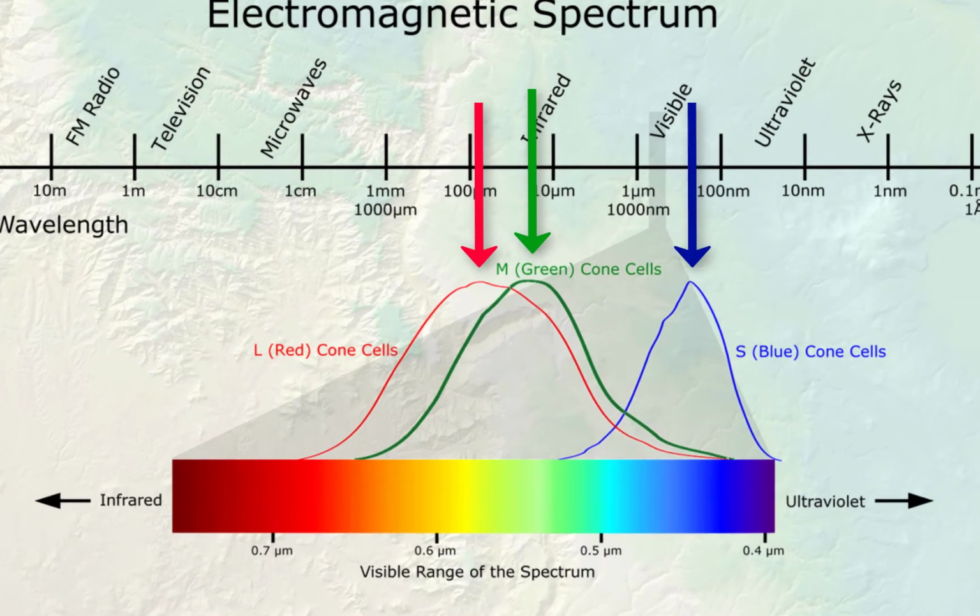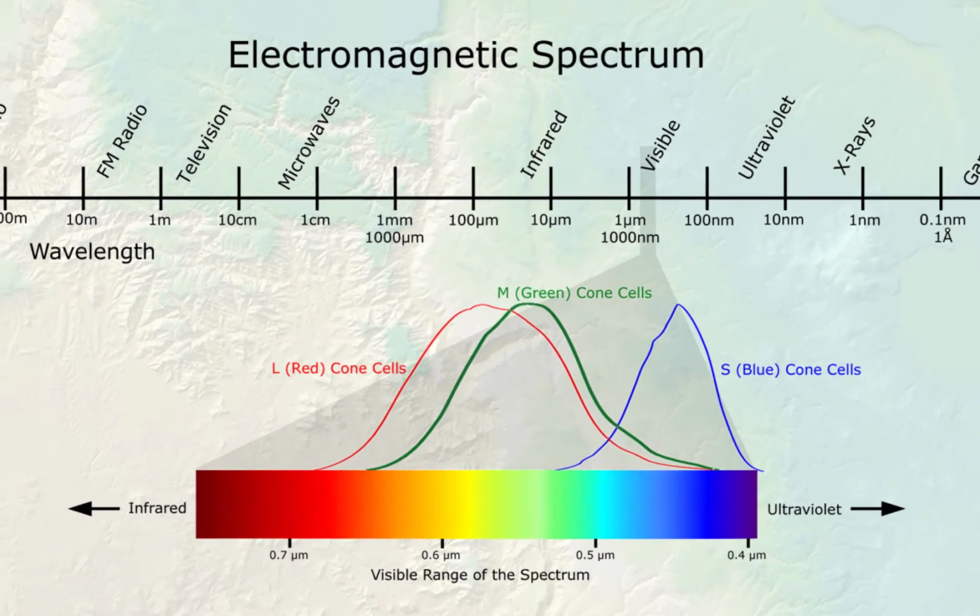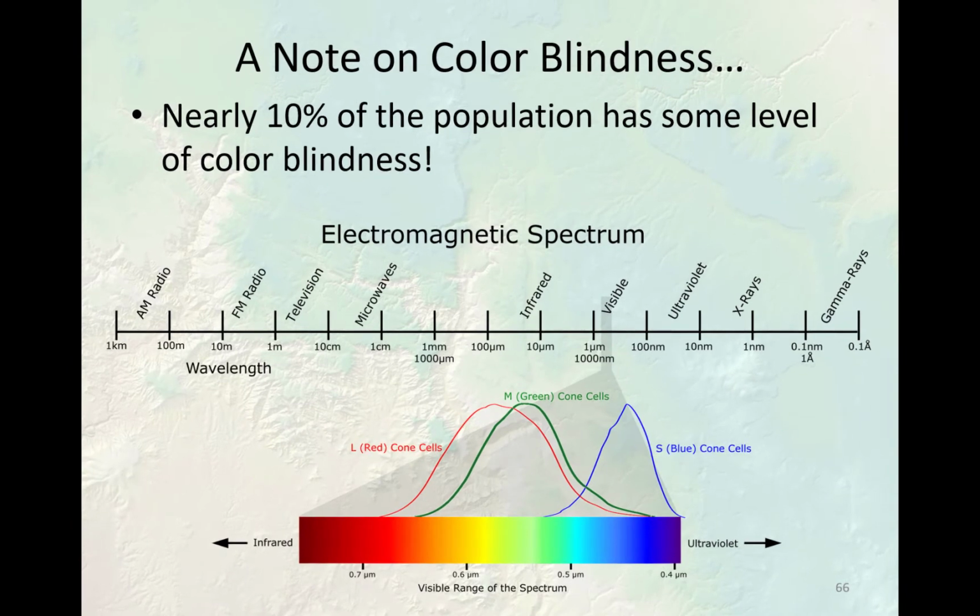There are a lot of people who have a condition in their eyes in which 1 or 2 types of cone cells may not be working correctly, or else 2 types are just too similar to each other, especially with the L and M cells you see in this image. When this happens, basically the L and M cells are seeing the same frequency, so the person can't really distinguish between these two frequencies.